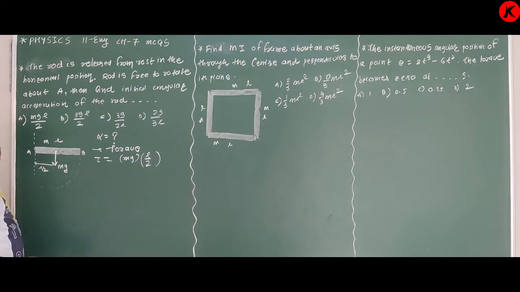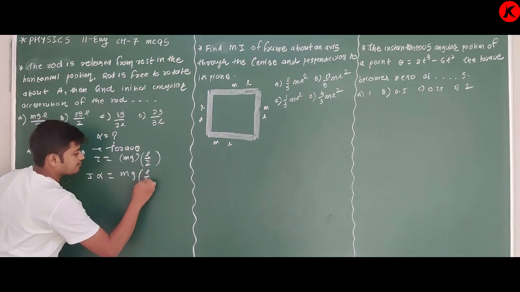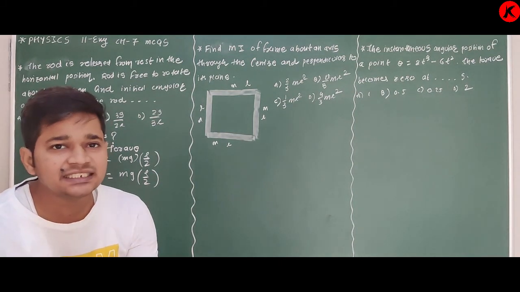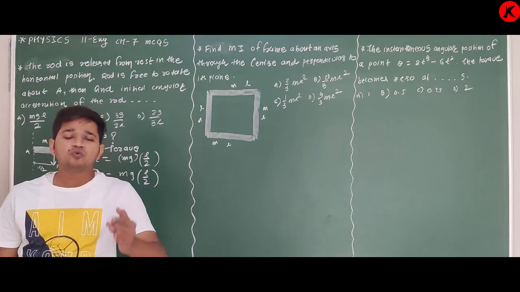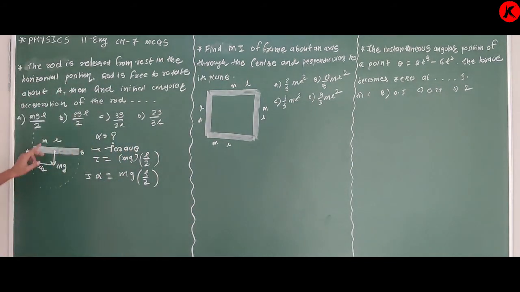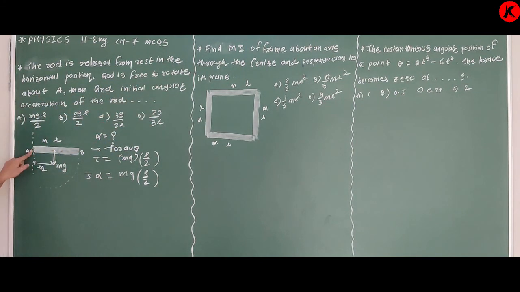Now we also know one equation of torque, that is torque tau is equal to I alpha. It is mg L by 2. Now I means moment of inertia. Its equation depends on which axis the object is rotating about. The rod is free to rotate about A, which means the axis passes through one end and is perpendicular to its length.